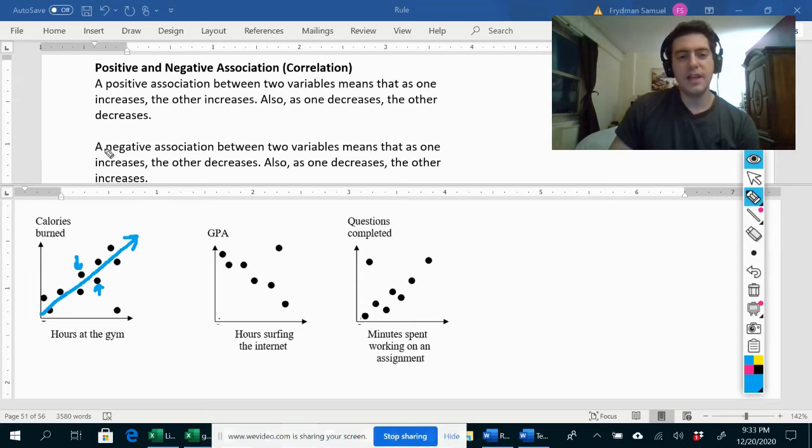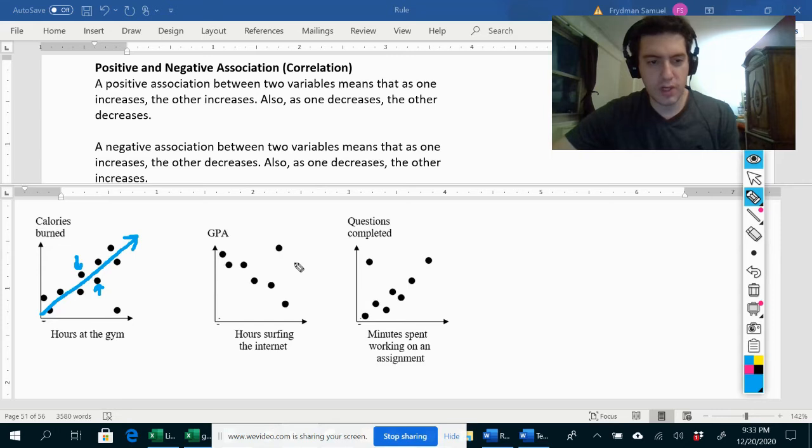Okay, and a negative association is sort of the opposite. A negative association between two variables means that as one increases, the other decreases. Also, as one decreases, the other increases.